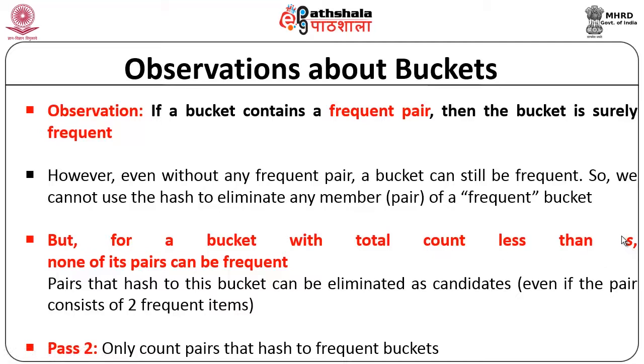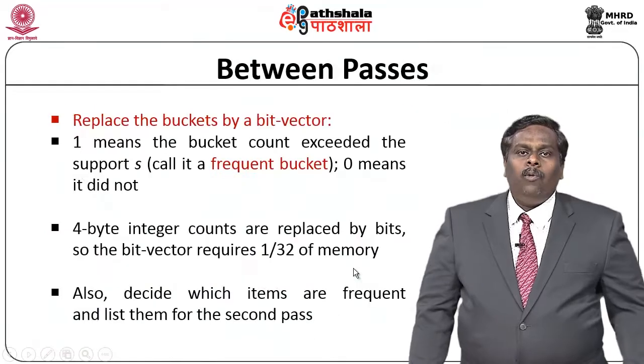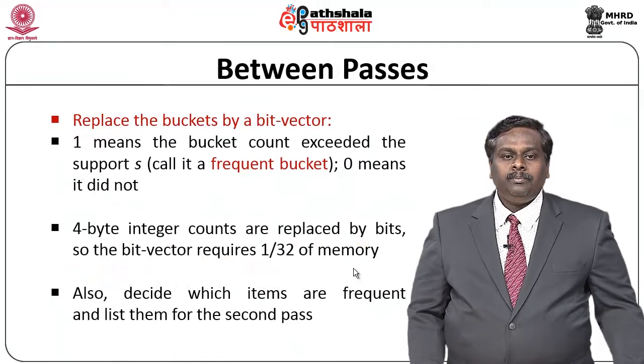In case the total count of the bucket is less than s, then every item pair in the given bucket is going to be not frequent. So, as part of pass 2, you will only have to make use of those item pairs whose count is greater than s. In other words, you are going to make use of these item pairs and hash them to frequent buckets.